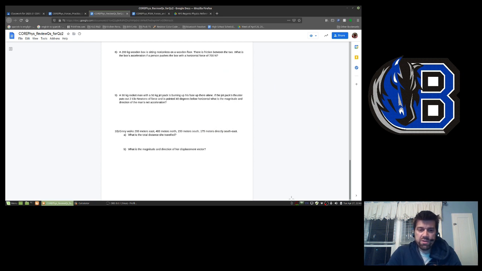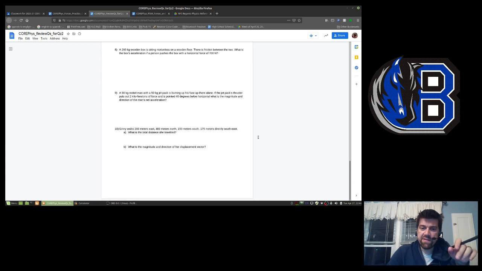Ginny walks 200 meters east, 400 meters north, 150 meters south, and then 175 meters directly southeast. Okay, when we add a bunch of vectors, we have this other analytical method that's handy. And when we add vectors that aren't at 90 degrees to one another, we have to use this analytical method.